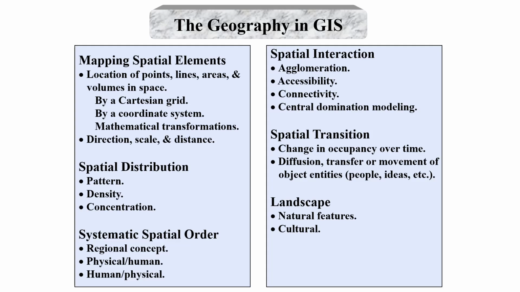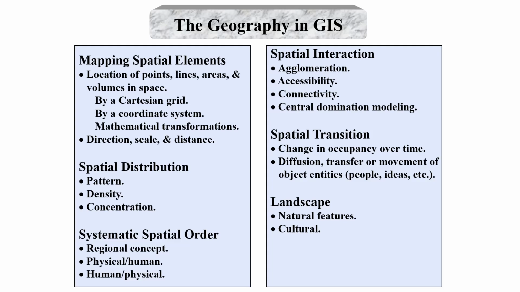GIS uses the geographical approach for spatial distribution. For example, pattern. What does it mean? It means a kind of spatial distribution.